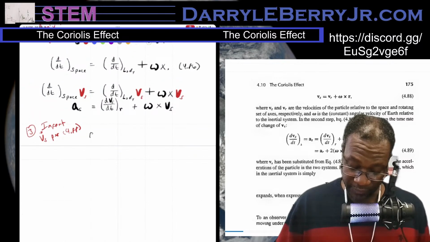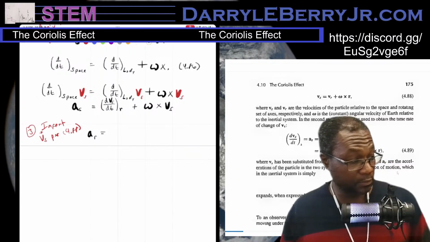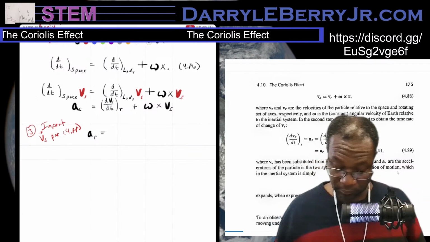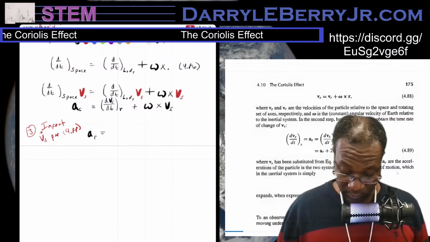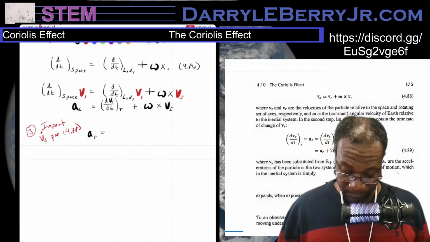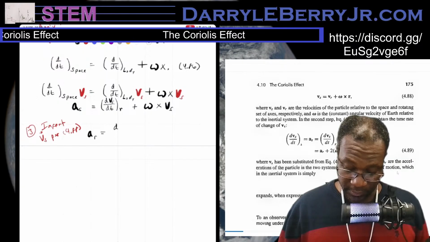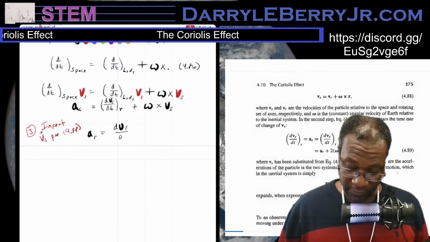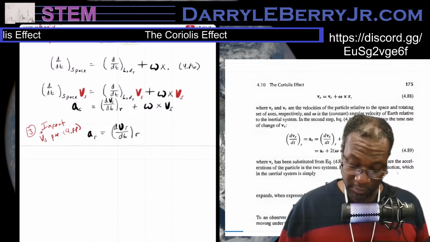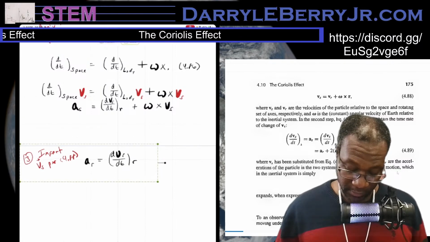So now we have A_R equals the V_S dt R. You bring this to the next line.